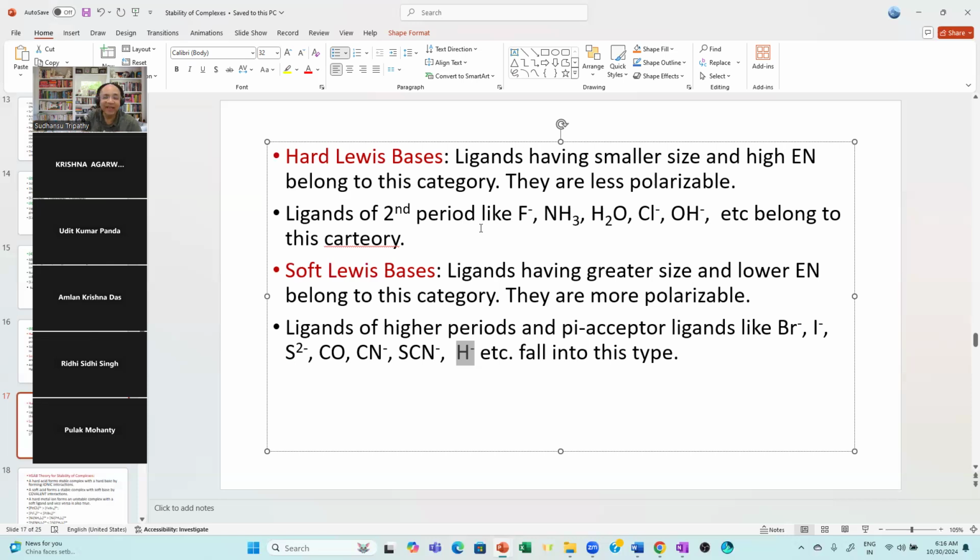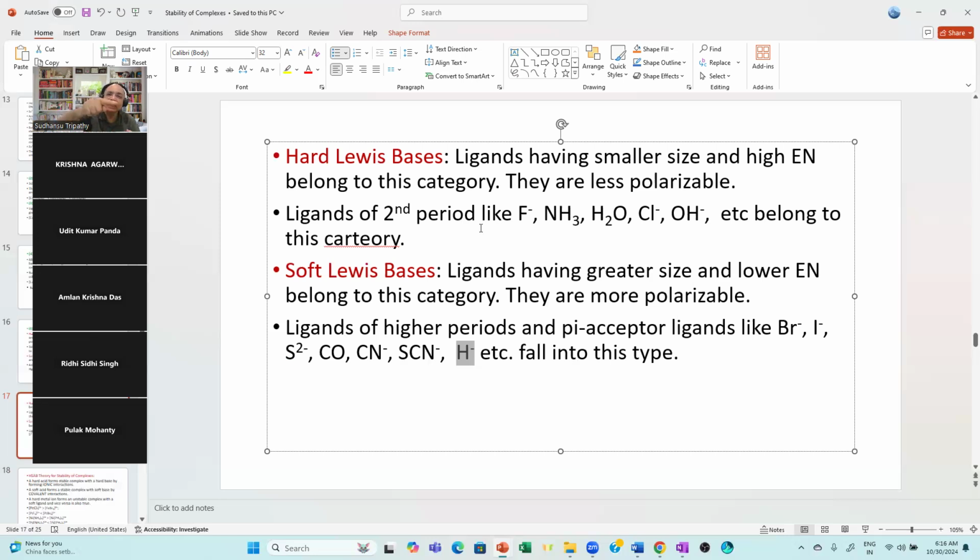A soft metal ion, a soft Lewis acid, is one which is bulky, like the 4D and 5D series, with low oxidation state, so that its polarizing power is less. The HSAB rule says that a hard acid metal ion will form a more stable complex with a hard base ligand.